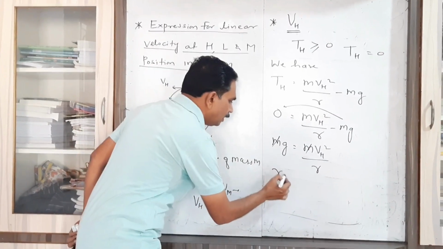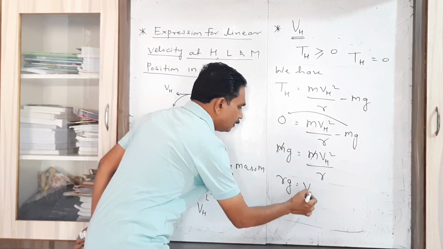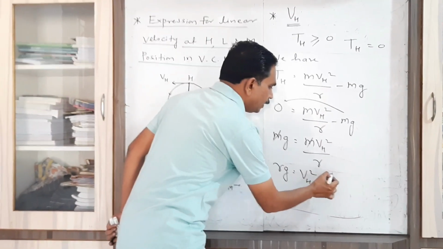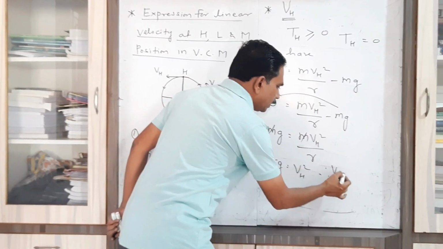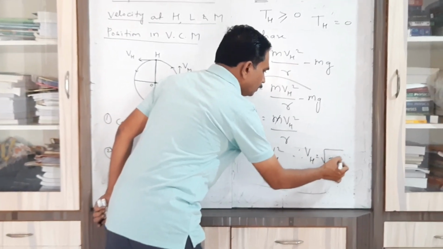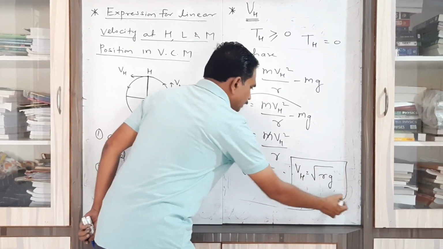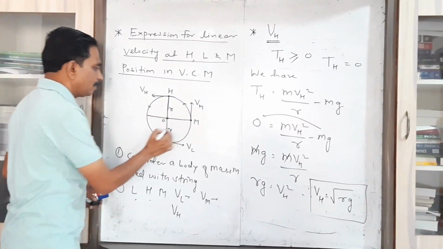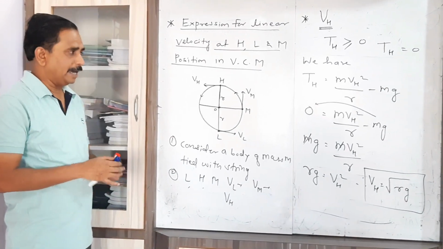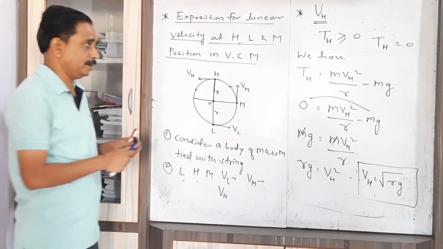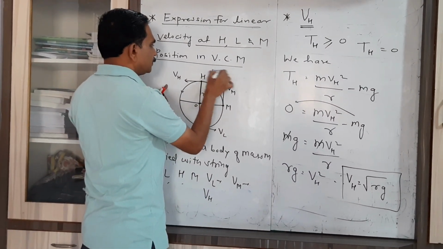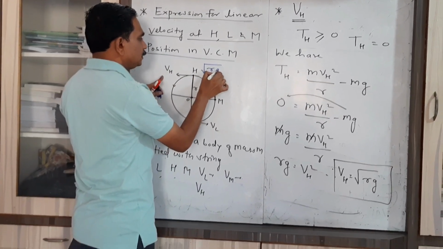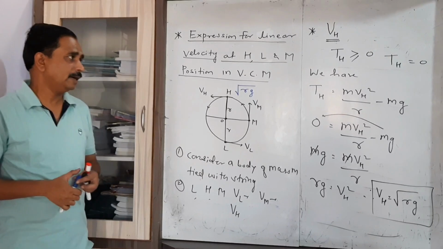So here rg equal to Vh square. Taking square root on both sides, therefore velocity at the highest position equal to under root of rg, where r is the radius of that circular path and g is the acceleration due to gravity. So here we obtained the first value, that is the velocity at the highest position is simply under root of rg.